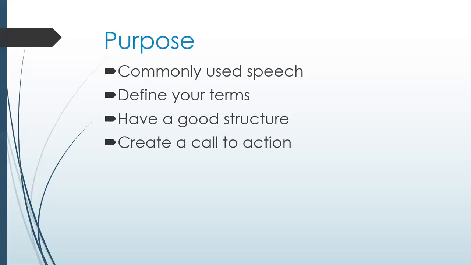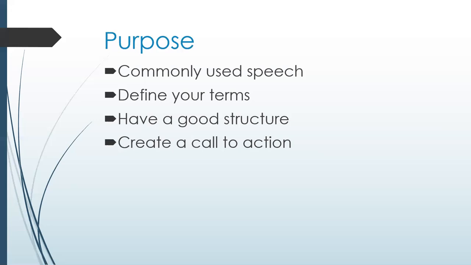You also need to make sure that you have a good structure. So we've talked about the structure of the outline, the three main ideas, the introduction, a thesis statement with the three main ideas, having the transition statements between each of the ideas, and going back over the main ideas again in the conclusion. So that structure will stay for your persuasive and informative speeches.